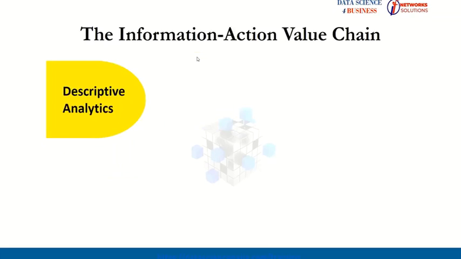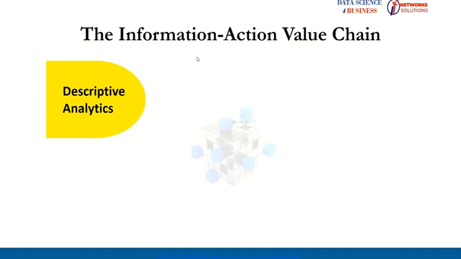So we continue. After you have extracted your data, we continue in our journey of the information, action, value chain. After you have extracted your data, the next thing is to now perform the analysis. And to perform this analysis in business analytics, that's data science for business, we have three major types of analytics. We have the descriptive analytics, we have the predictive analytics, and we have the prescriptive analytics.